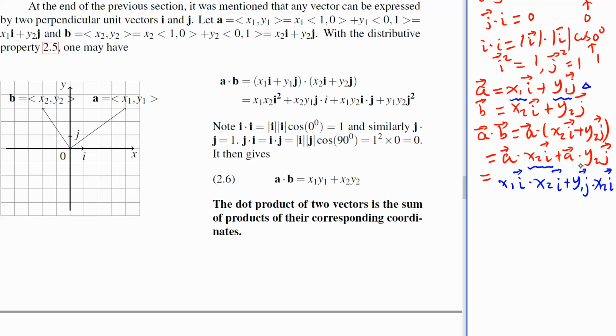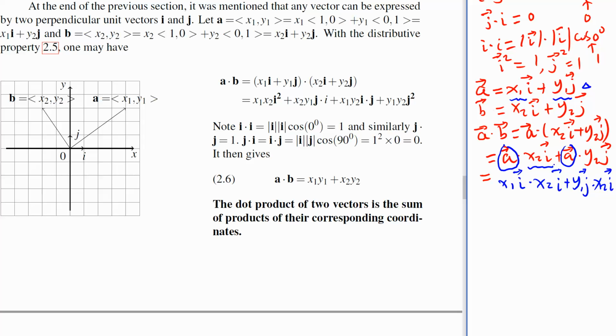Then the second one will be A again. You see. A again. But this time is y2 J vector.